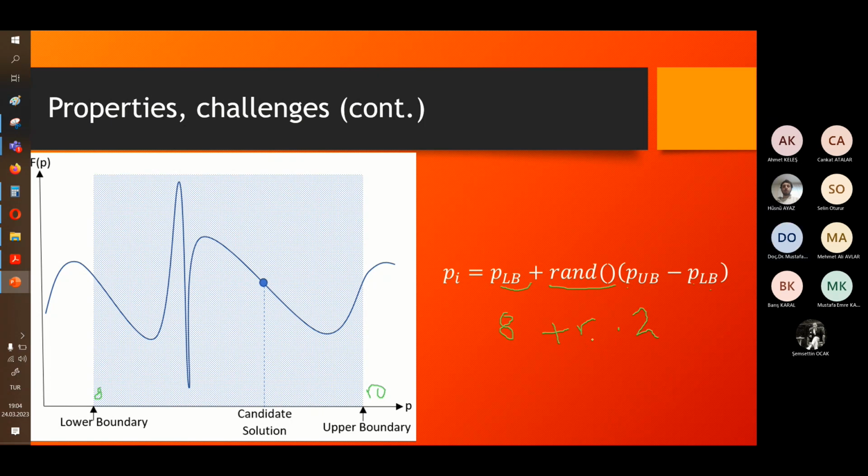Any floating point number between 0 and 1, where 0 and 1 are inclusive. For example, 0.9, your friend said. 0.9 times 2 is 1.8. Plus 8 will be 9.8.